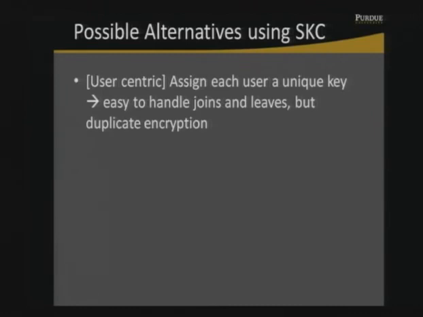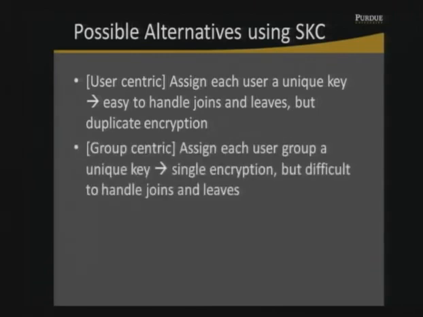But this will have duplicate keys. So straightforward use of PKC is also not going to solve the problem. So another straightforward use is the group-centric approach, where users are grouped based on the policies in the system, and for each group you assign a key.